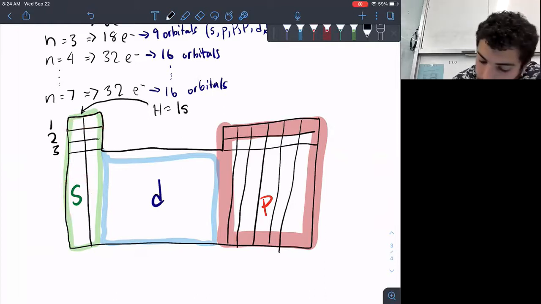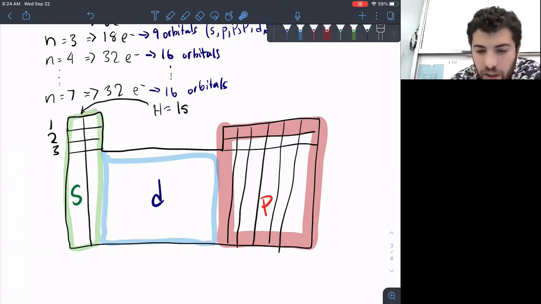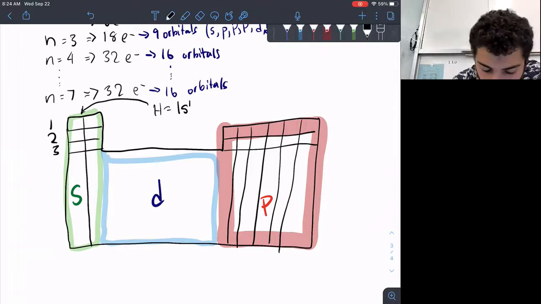I like to think of these as positions. This is position 1, this is position 2. But it can also represent the electrons that are physically in the atom. Hydrogen only has 1, so this is 1s1. So I'll write that in here.